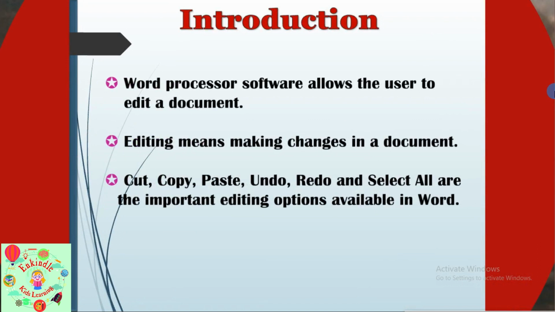Word processor software allows the user to edit a document. Editing means making changes in a document. Cut, copy, paste, undo, redo and select all are the important editing options available in Word.